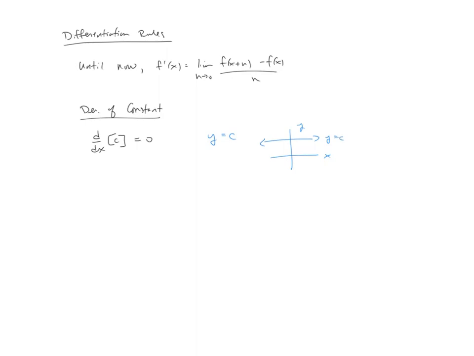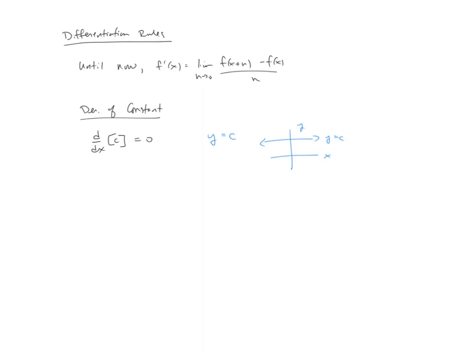What is the slope of that horizontal line? Well, 0, right? And if we also think about a derivative being all about change, does a constant change? No, by definition, it's constant. It doesn't change. So the derivative of a constant is always equal to 0.